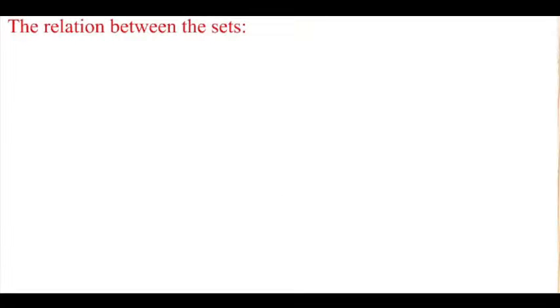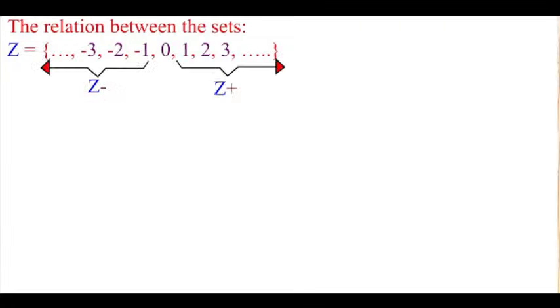The relation between the sets. Z equals the set of dots, -3, -2, -1, 0, 1, 2, 3, and dots. The set of -3, -2, -1 is Z negative, and 1, 2, 3, and dots denotes Z positive.